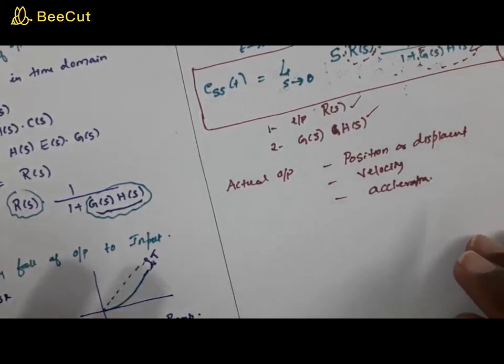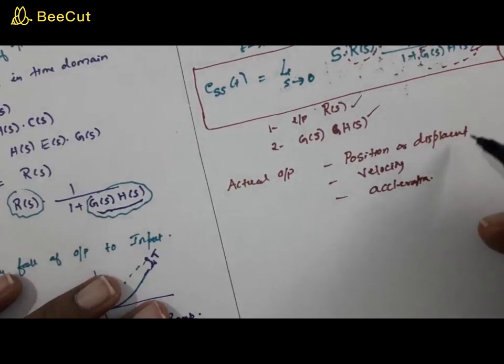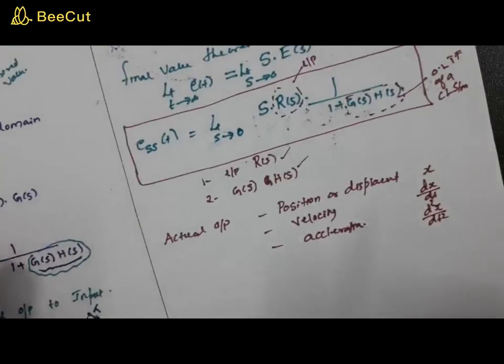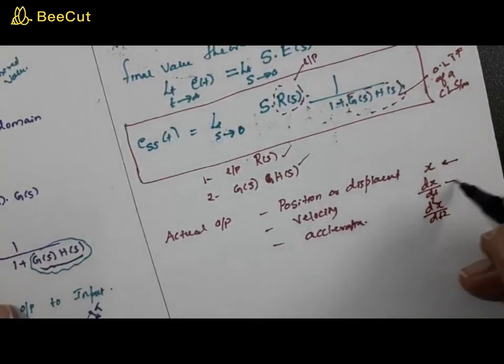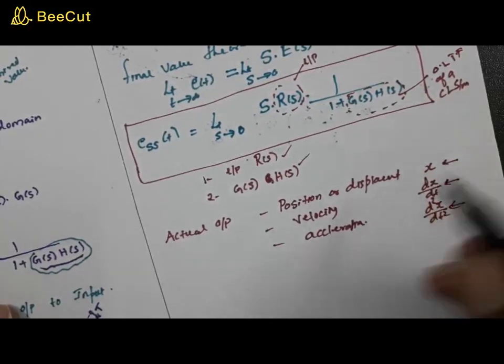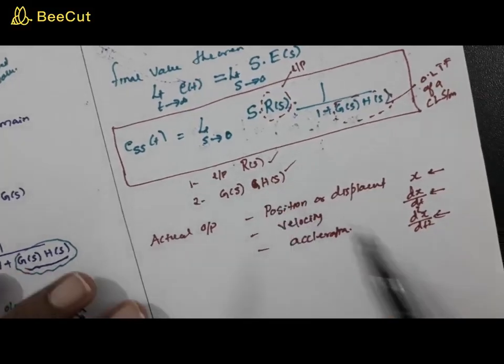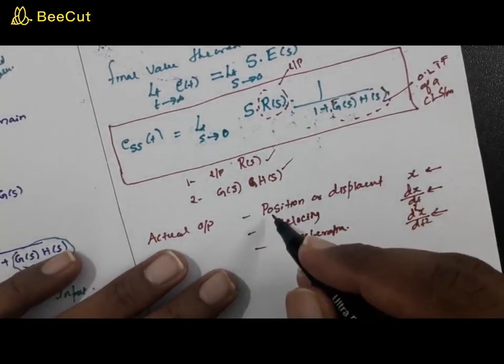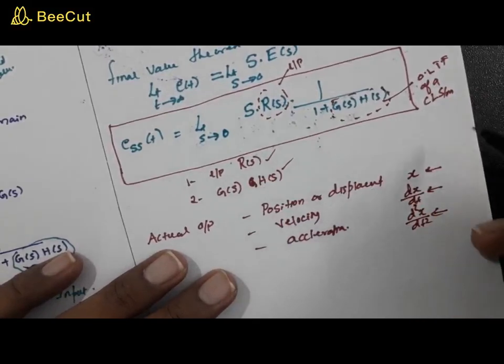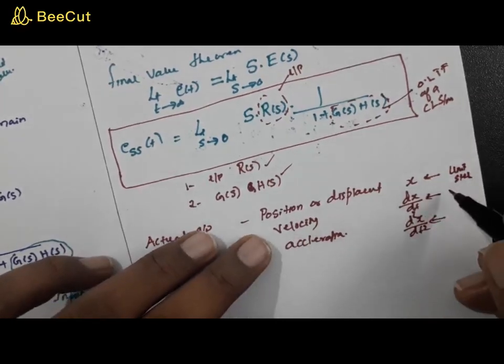Now you can have a relationship with this. So this is x, this will be the derivative dx/dt, this is d²x/dt², and it is seen that this actual output depends on the type of the input as well. If the output is a position or a displacement, it corresponds to unit step input.